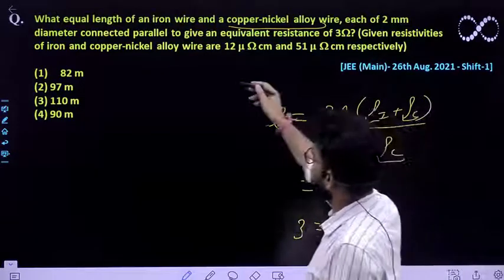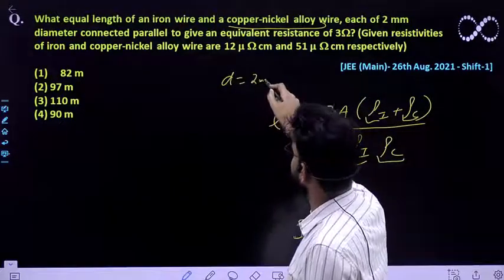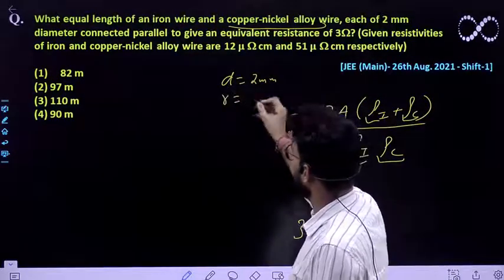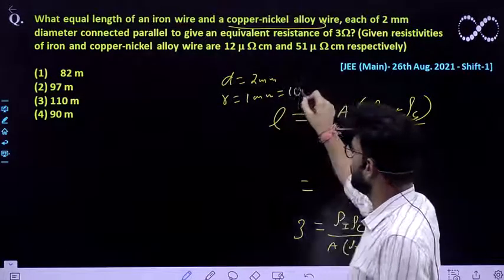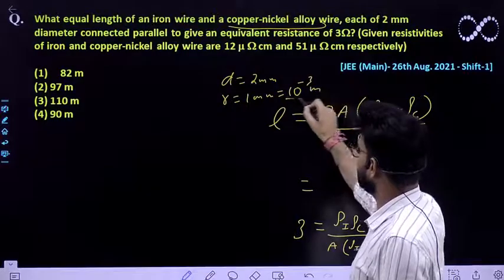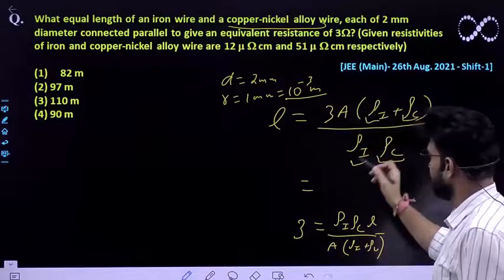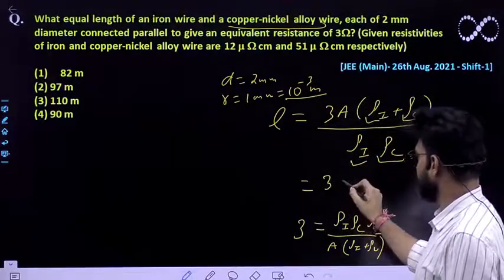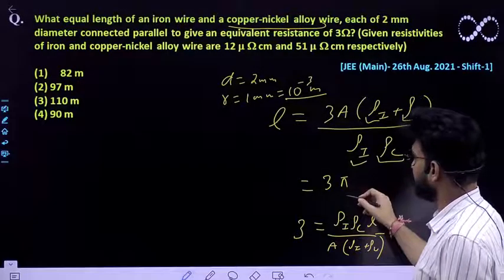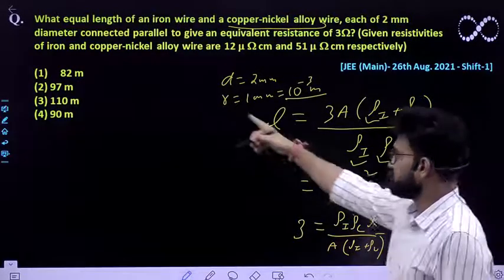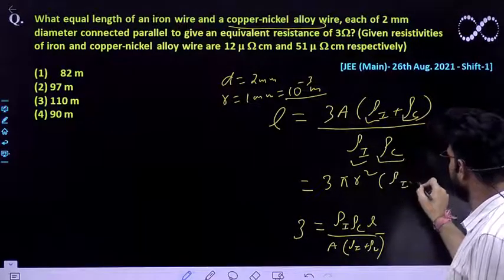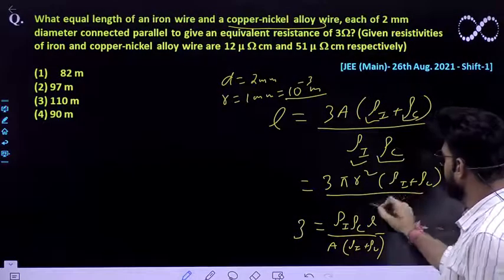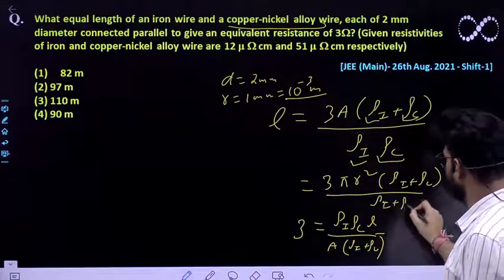If the diameter is 2 millimeter, the radius would be 1 millimeter, which can be converted into meter. So the area is pi r square, and L would be equal to 3 times pi r square times rho I plus rho C divided by rho I rho C.